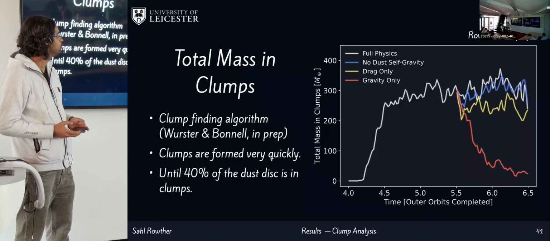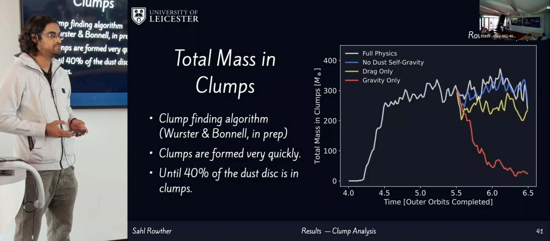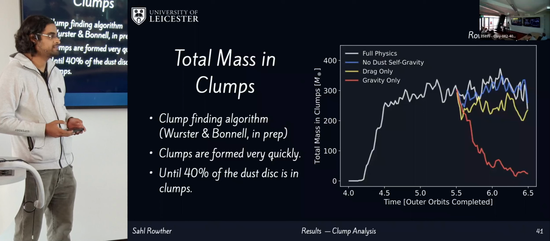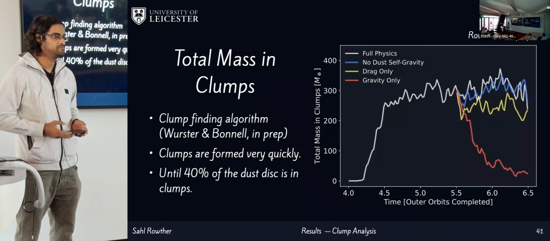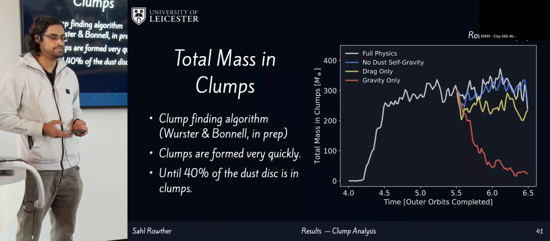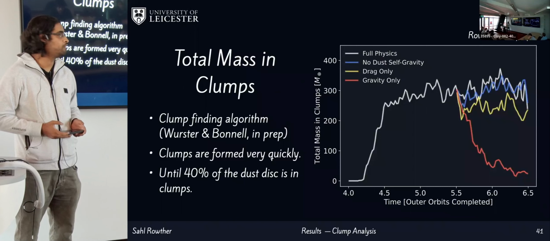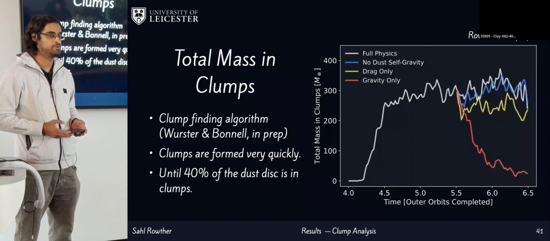So within half an orbit, about 40% of the dust was in clumps, and after that, clump formation slowed down as there was not much dust left to fall into clumps.